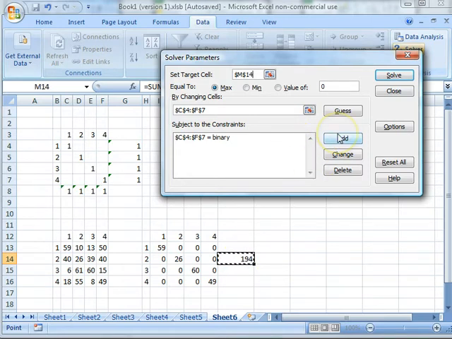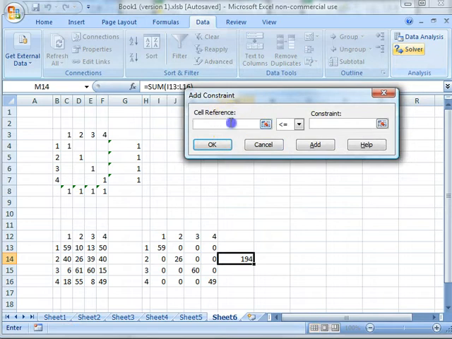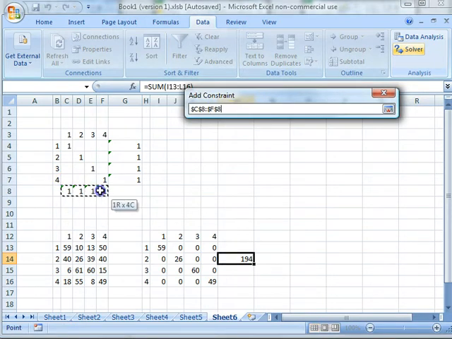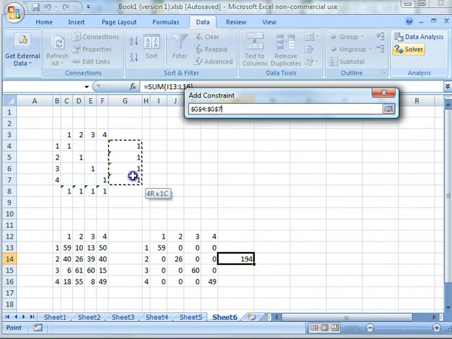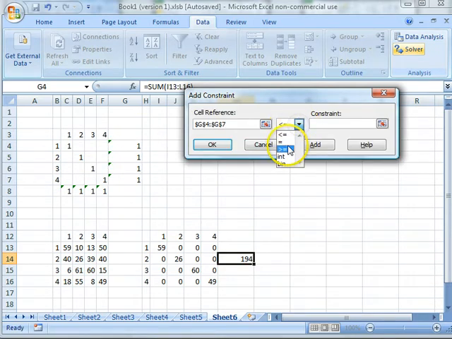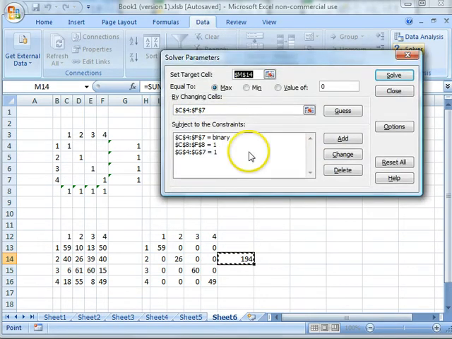Okay, that's the objective function. Now we're going to create another constraint that says that this has to be equal to 1. Each one of those cells has to be equal to 1, and also all these cells have to be strictly equal to 1.